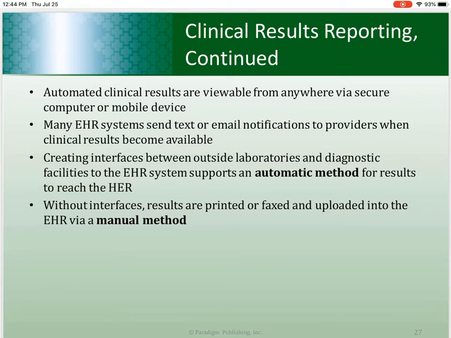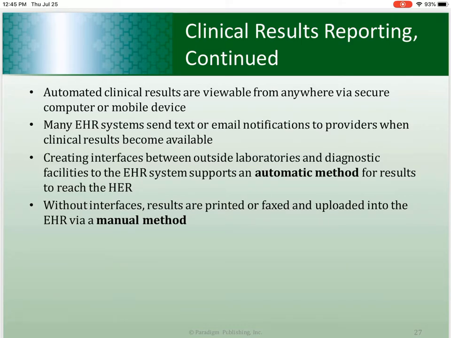In addition, many EHR systems are able to generate email or text alerts to notify providers of critical test results or other important information. In an environment that does not have an EHR system interface with lab computers, the lab sends a printed report via fax to the prescriber's office, and then a staff member scans the report into the EHR. This is an example of the manual method of results entry.